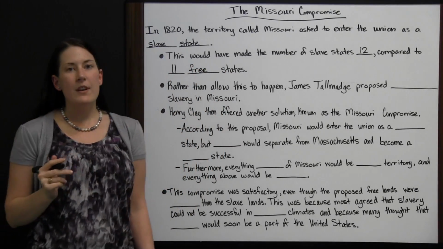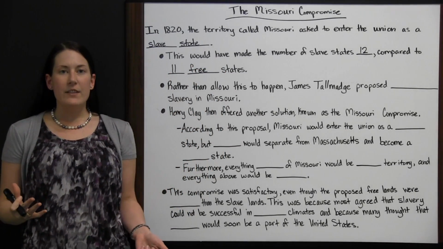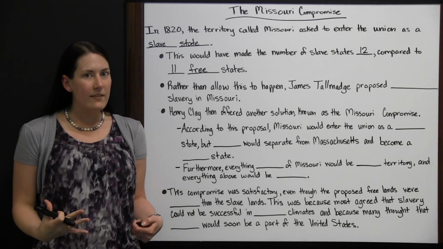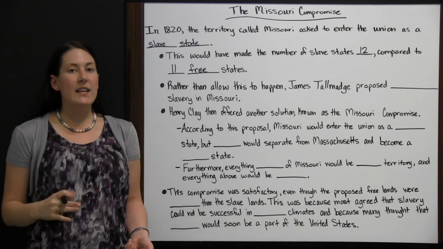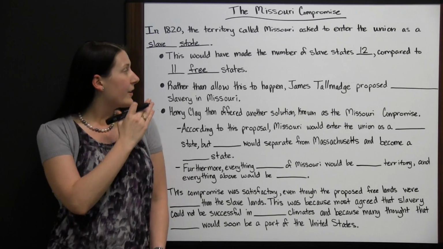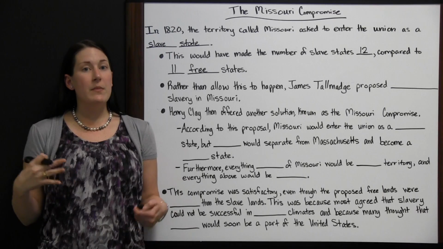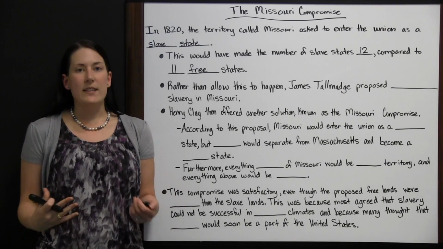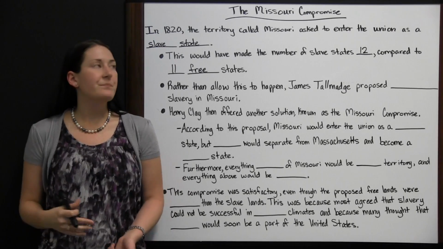So at this time in the United States, a state was considered either a free state or a slave state. If the state allowed slavery, it was a slave state. If the state did not allow slavery, then it was a free state. So most of your free states were going to be up north, and most of your slave states are going to be down in the south because slavery was more prevalent in the south.